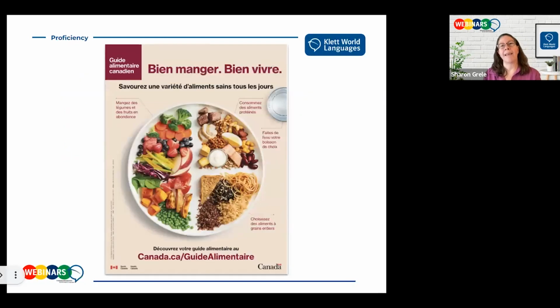However, once we put it back in that image and we link it to what's there, and they realize that, oh, in that quadrant of the plate that we're talking about, all those grains and breads and things like that, now they've got that support there. So while I think the text itself, meaning purely the words that are written, leans more towards the intermediate, this is definitely very novice friendly.